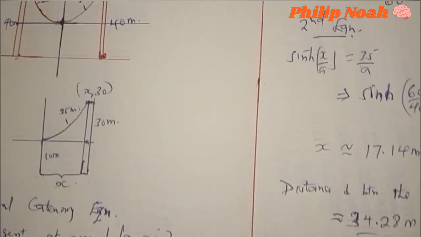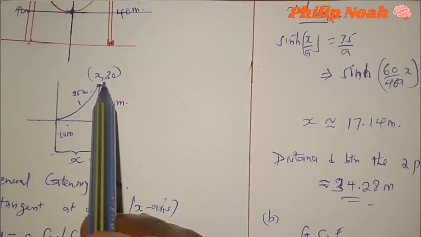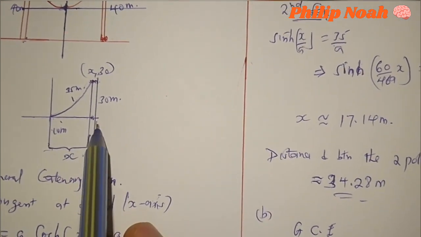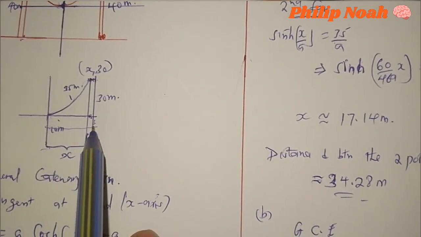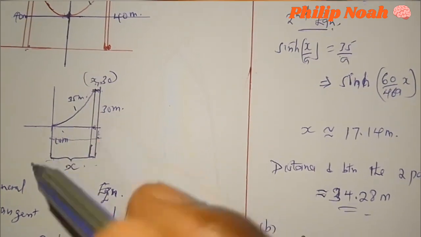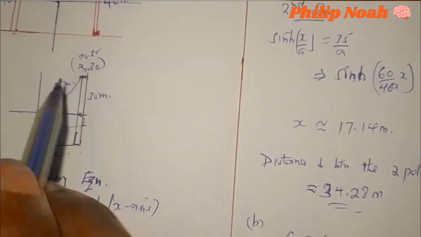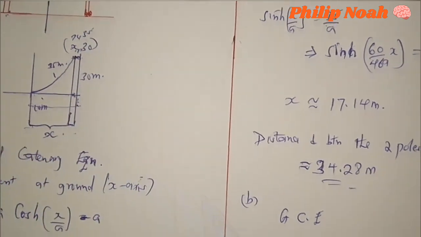Now if this is 5 meters, meaning that from this point to this point it is 35, the point here will be x, 35. So 35 is the y coordinate.